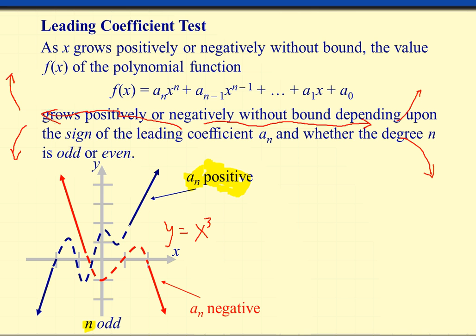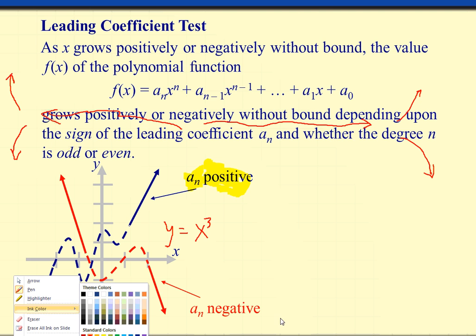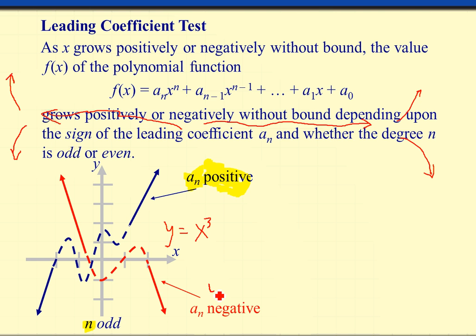Now, on the other hand, this would be like y equals negative x cubed. See this red graph, because we know that flips it about the x-axis. So here's the idea once again.